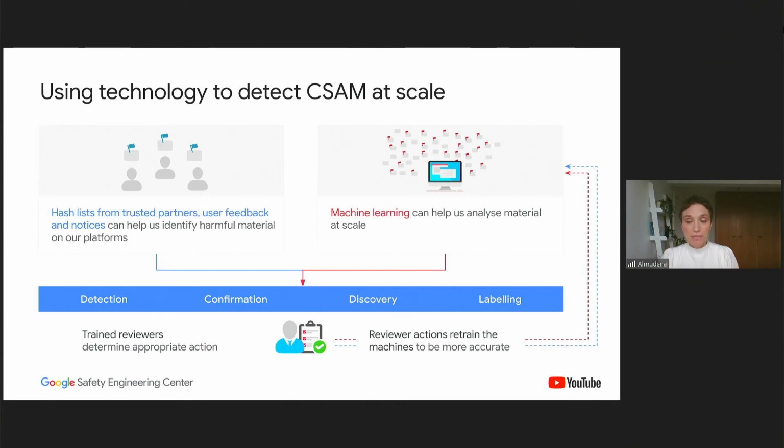And as I spoke a bit about the machine learning and how it has helped us to continue to detect new content, this creates a positive feedback loop, because once we detect new content and that is confirmed, it is hash matched and fed back into our hash matching systems. And we contribute many hash matches to the sector as well to help others continue to detect this and to suppress this content.